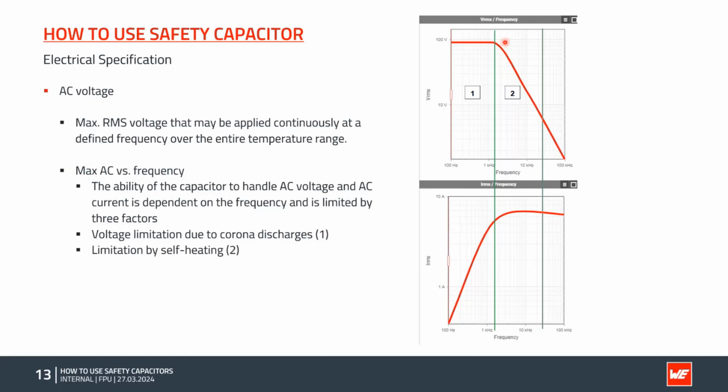Then here we have the limitation in this area due to self-heating. When you apply the maximum current, the product will heat up itself. For example, for our products, it's 7 degrees or 10 degrees, or 10 Kelvin. And the last thing is the limitations due to the contacts.